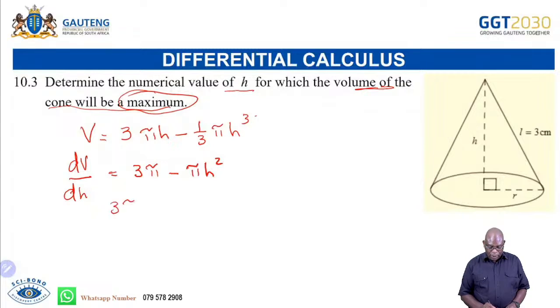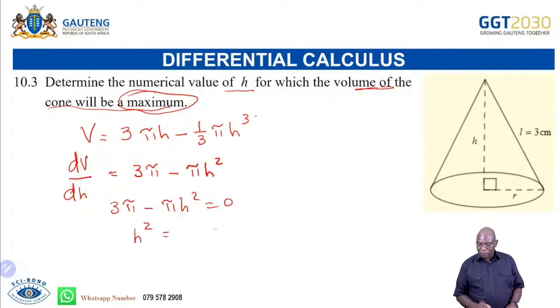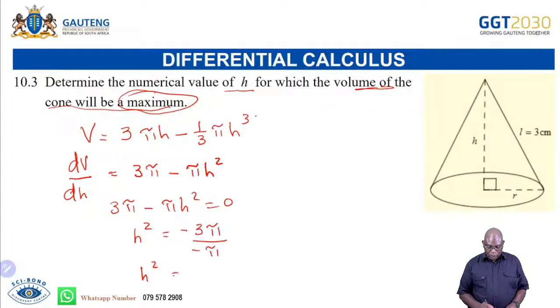So I'll say 3 pi minus pi h squared equals 0. Then I make h squared the subject of the formula, which will give me minus 3 pi over negative pi. So h squared will give me positive 3. Therefore, my h will be equal to the square root of 3, which is approximately 1.73.